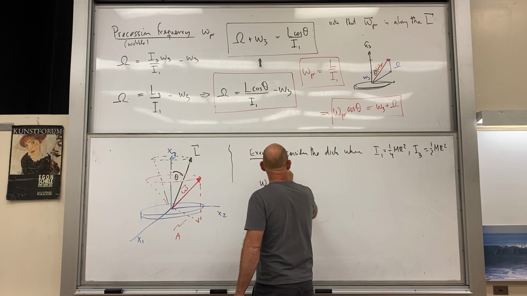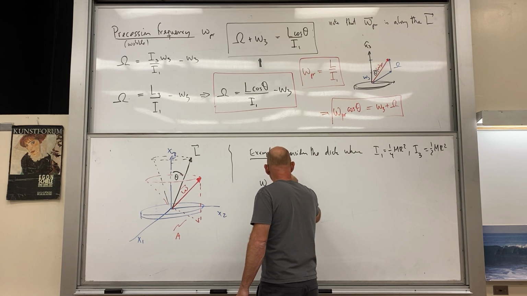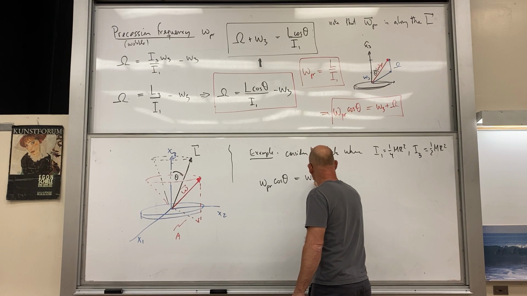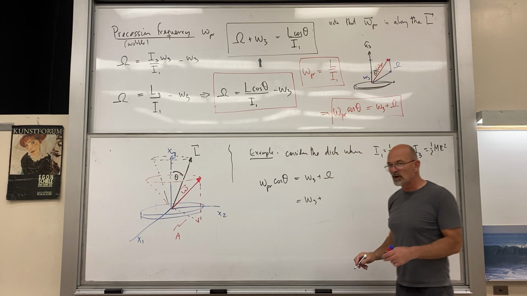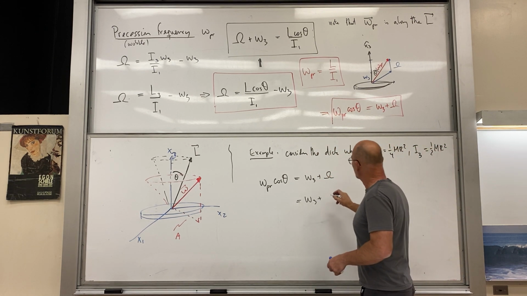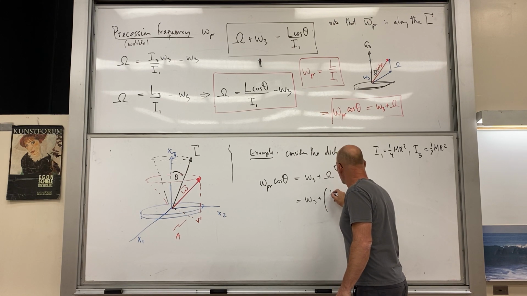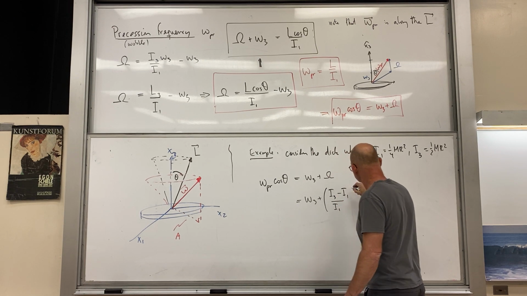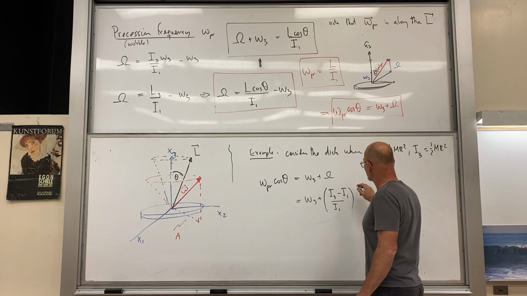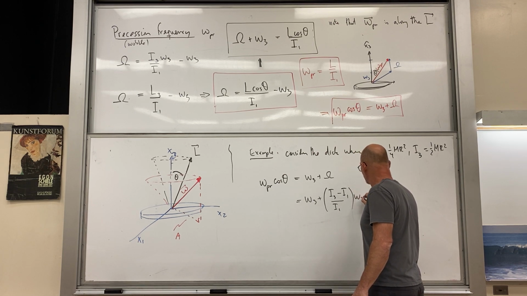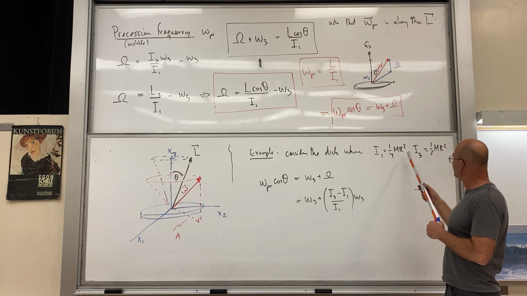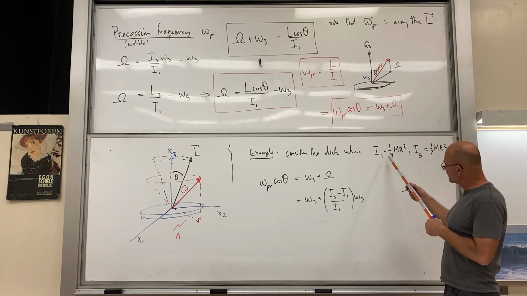Omega precession cosine of theta is equal to omega 3 plus capital omega, and remember what that omega was. It is I sub 3 minus I sub 1 over I sub 1 times omega 3. And I sub 3 minus I sub 1 is equal to I sub 1, divided by I sub 1.